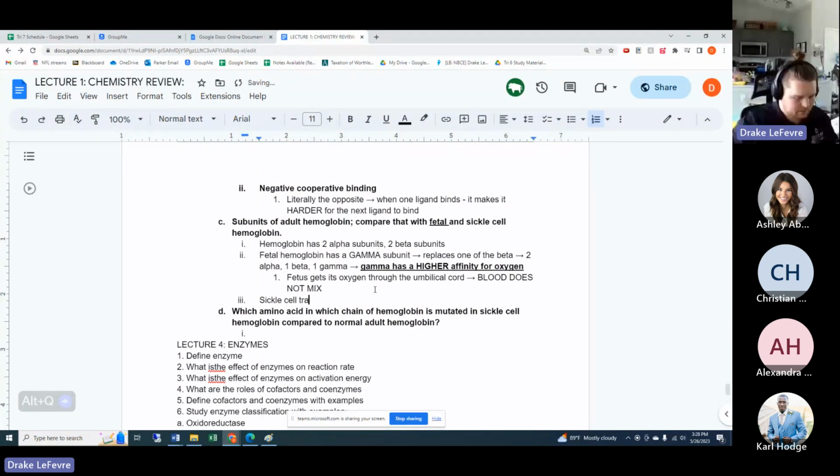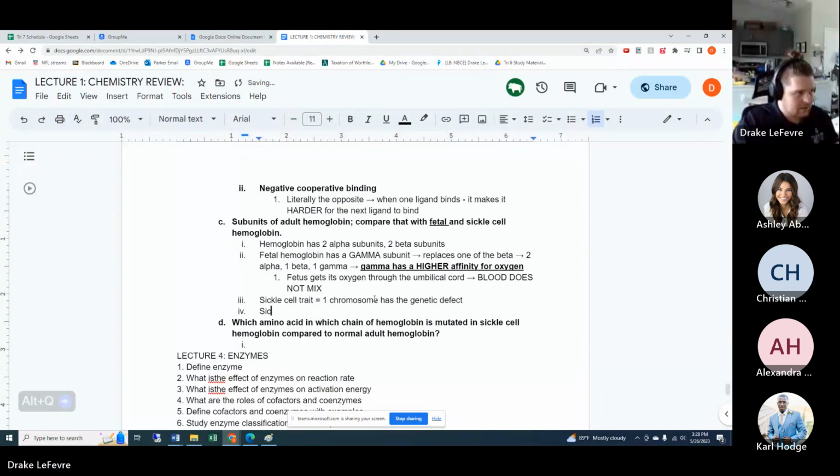Sickle cell trait equals one chromosome, I don't remember which chromosome it is that passes it, has the genetic defect. Sickle cell anemia equals both chromosomes have the genetic defect.